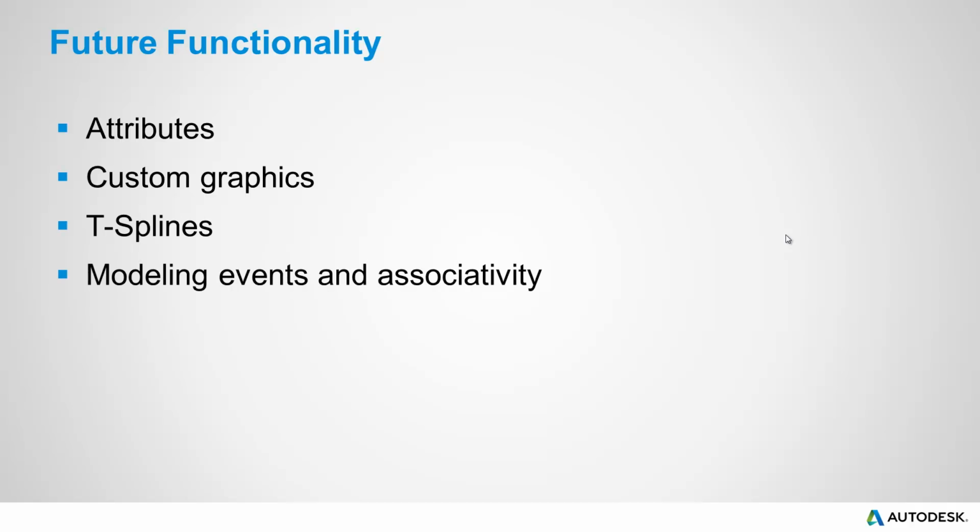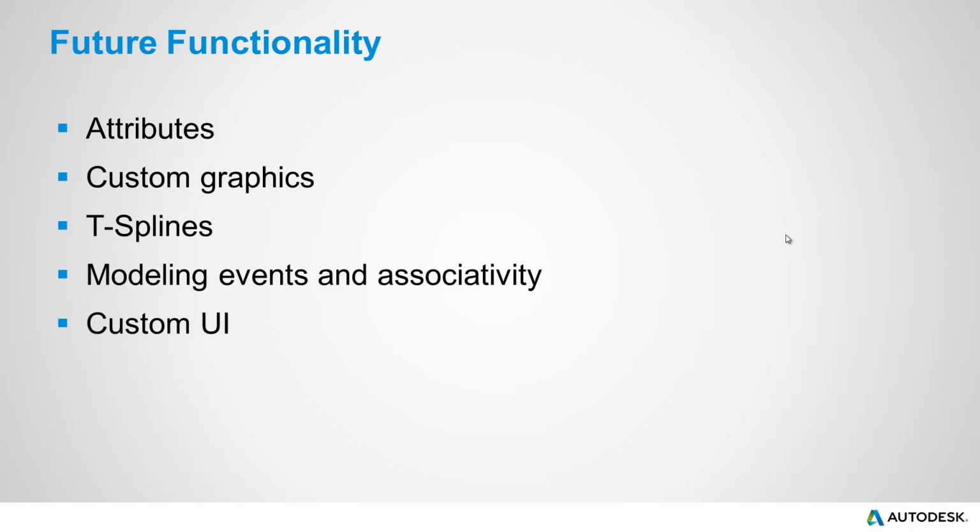There are no events associated with modeling. So for example, if I want to listen to see if the user changes a parameter or if the model just changes in some way, and then I want to react to that and update some stuff that I have, I can't do that because there are no events associated with any modeling changes.